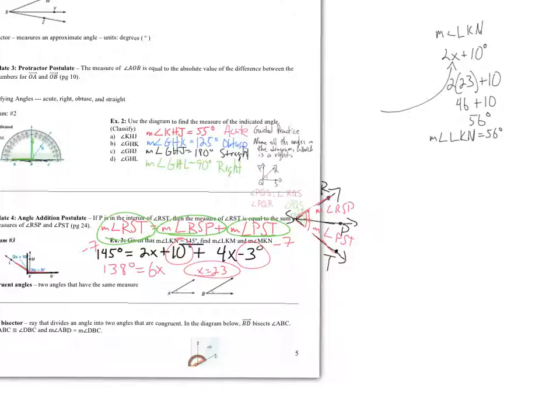And then let's quickly do the last one. We need to find the measure of angle MKN, which is 4x minus 3.